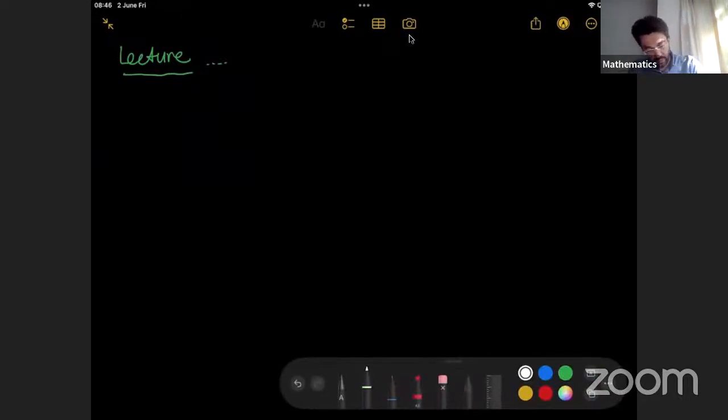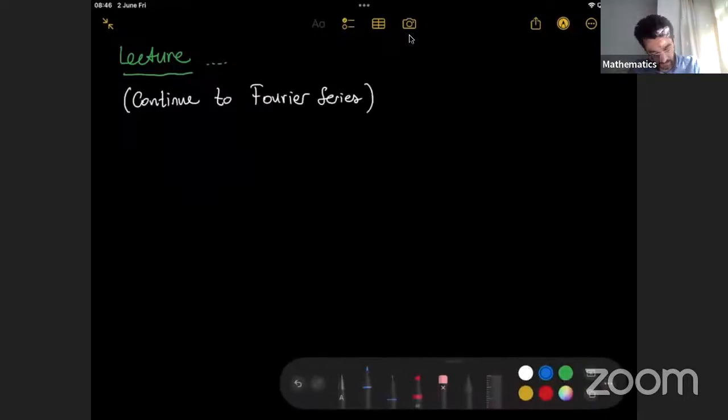Okay, so we continue to Fourier series. Let's look at this example here.